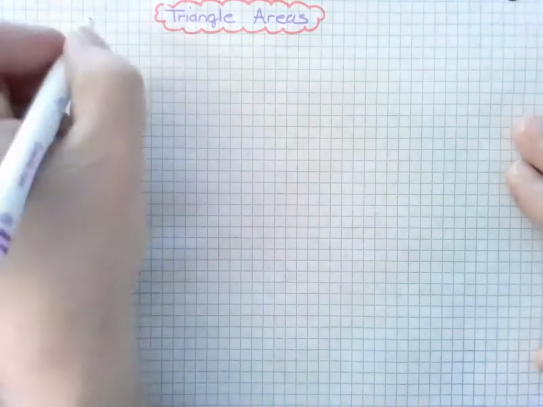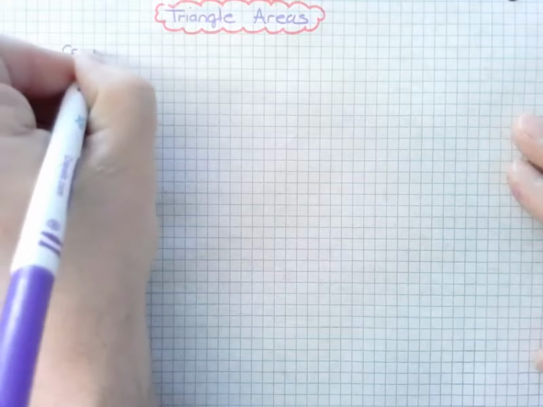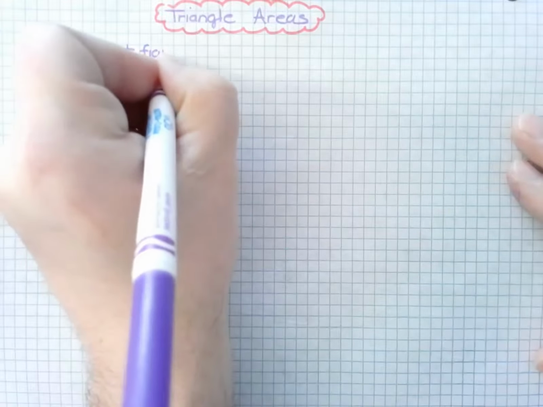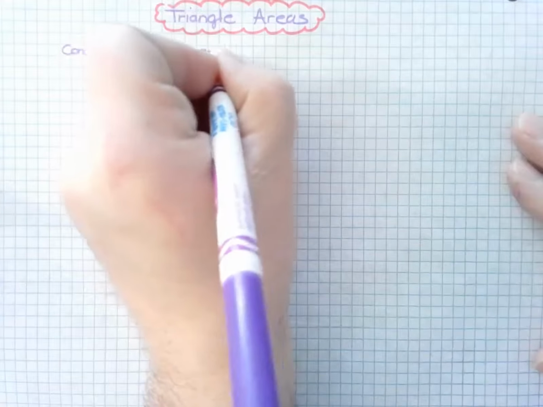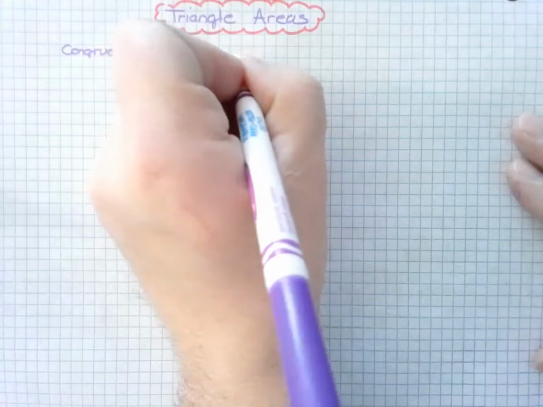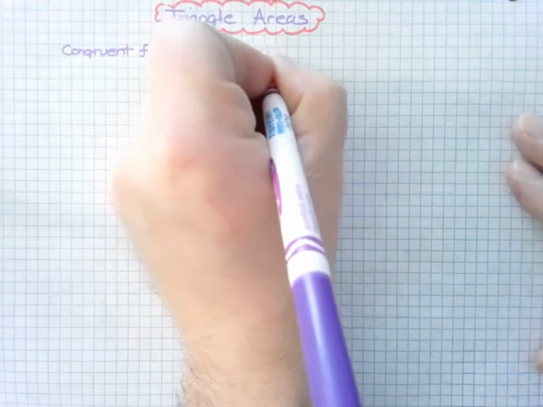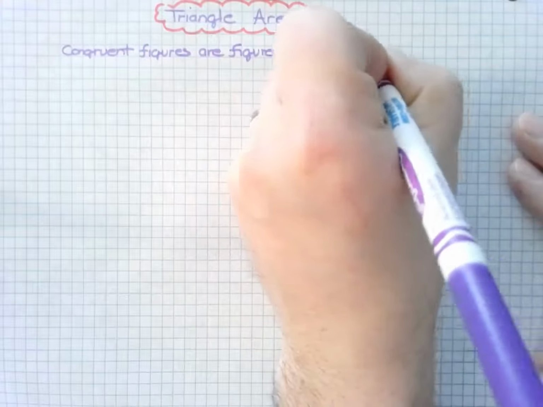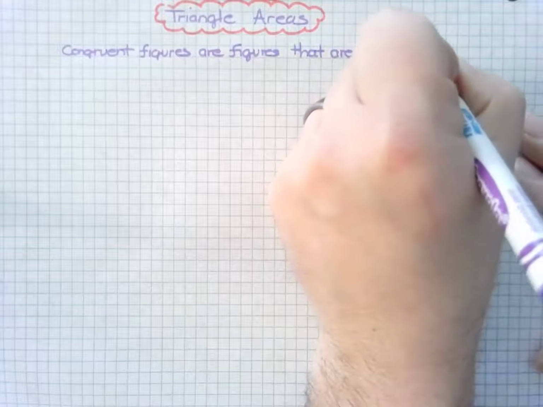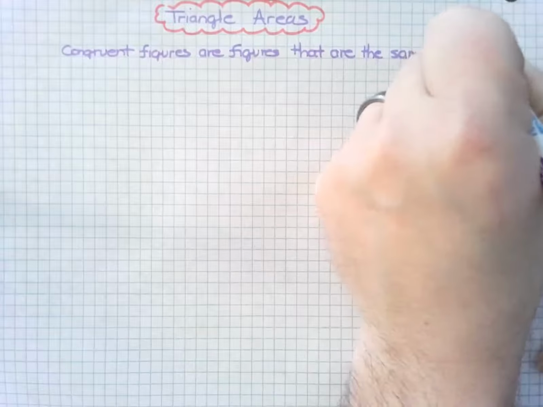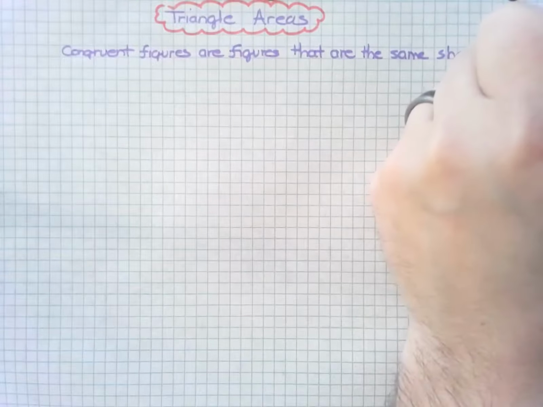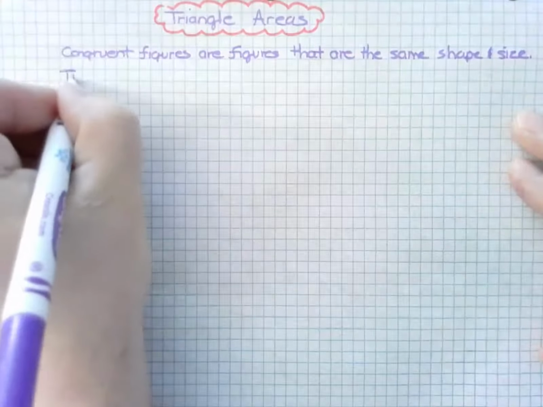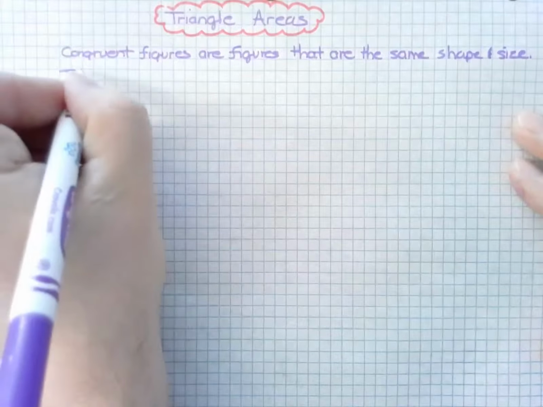Triangle areas. Congruent figures are figures that are the same shape and size. Triangles are half the size of a parallelogram.